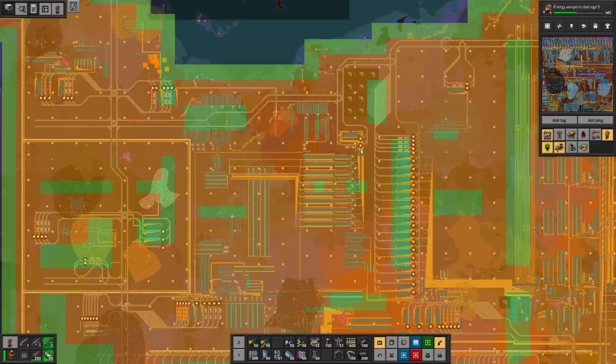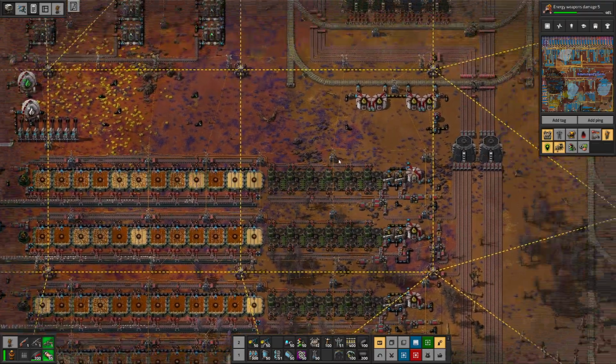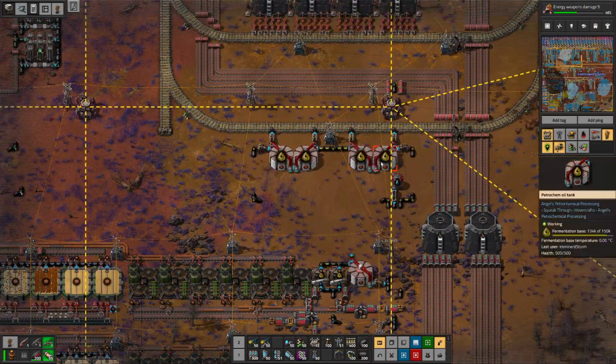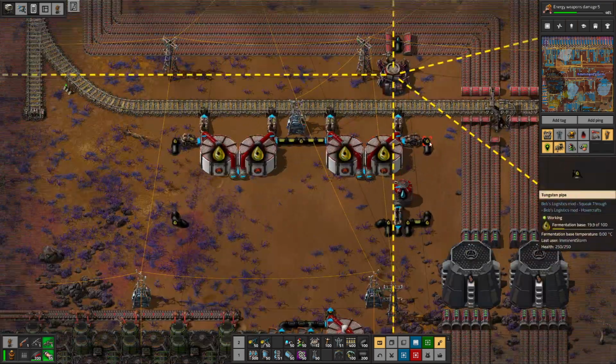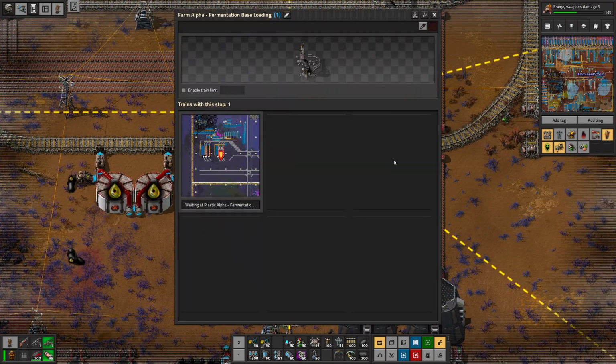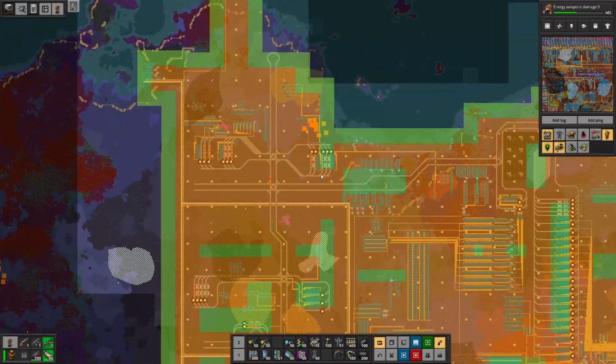Well, we are making fermentation base here. And that is being sent over to the plastic production.